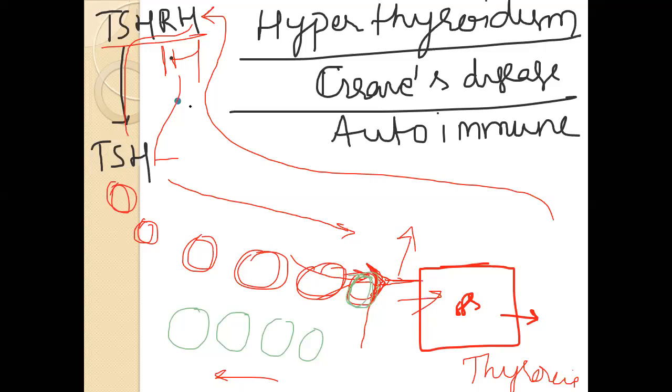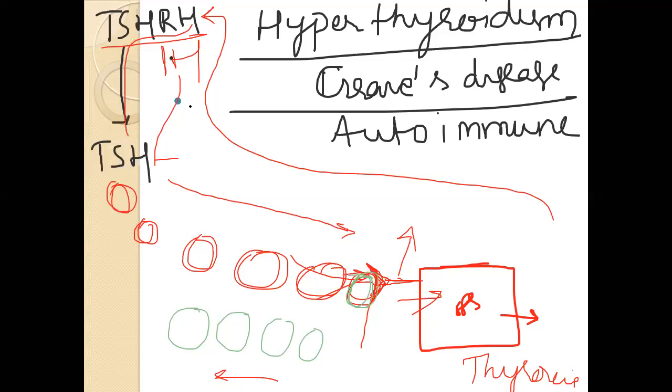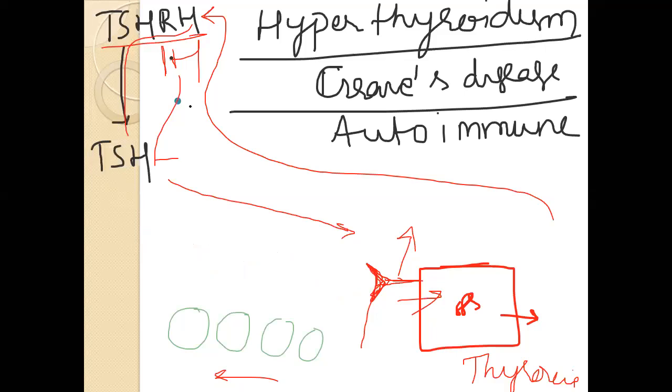Let me erase this. TSH is not coming because thyroxine levels are increased, so TSH won't come, and slowly thyroxine levels will be managed.